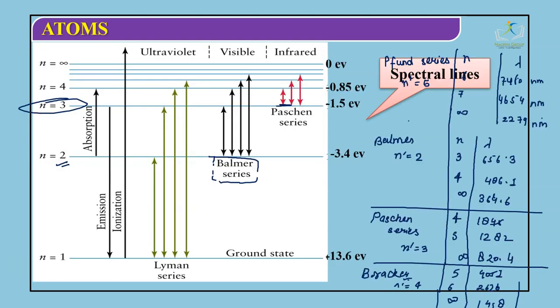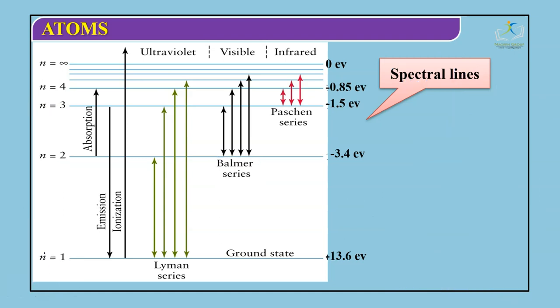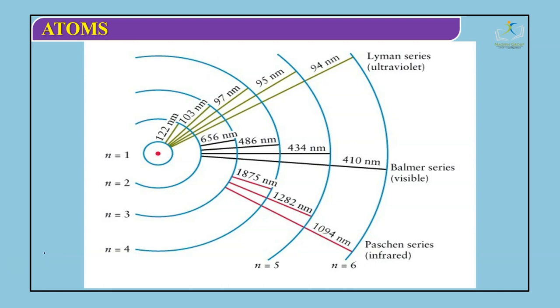These are the spectral lines, as you can see. So for Lyman series, these are the wavelengths. For the case of infinite, as I told you.